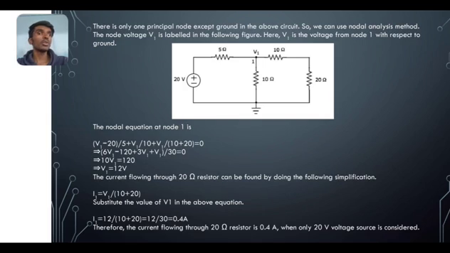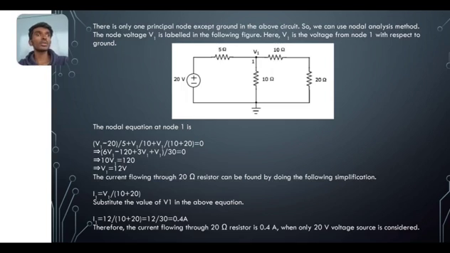Simplifying, (6V1 minus 120 plus 3V1 plus V1) divided by 30 is equal to 0. So V1 is equal to 12 volt.